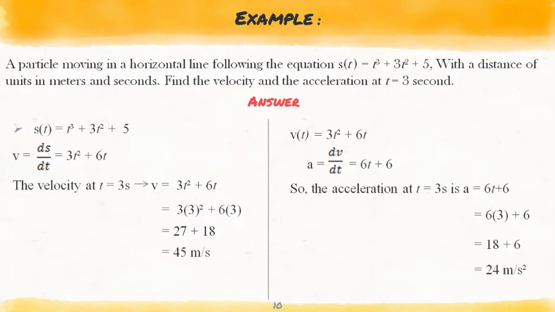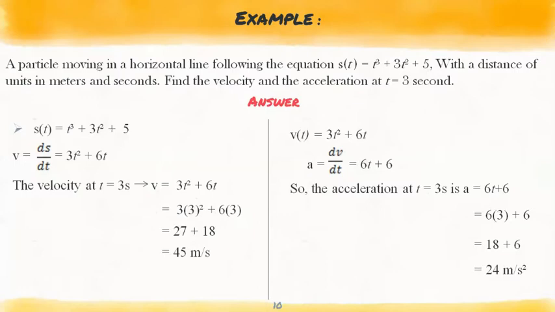Answer: first, find the velocity at t equal to 3 seconds. All we have to do is take the derivative of our function. s of t equals t cubed plus 3t squared plus 5, so v equals ds divided by dt equals 3t squared plus 6t.